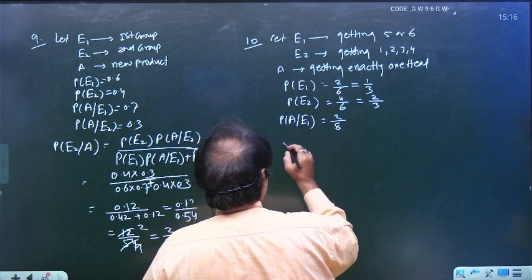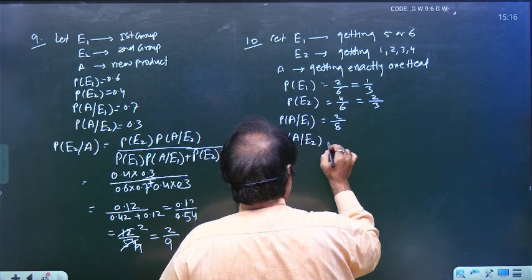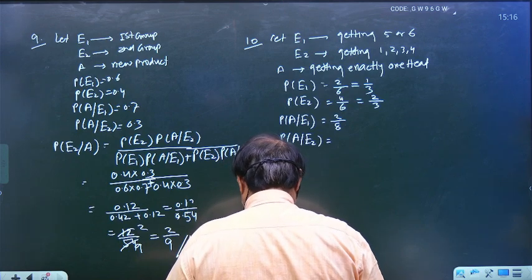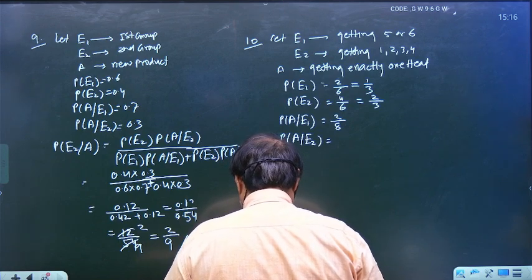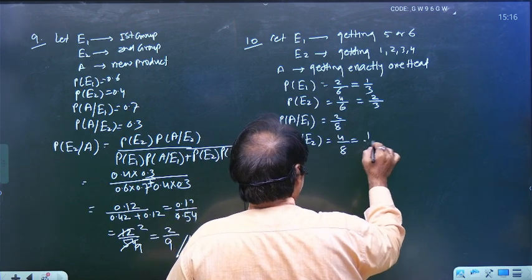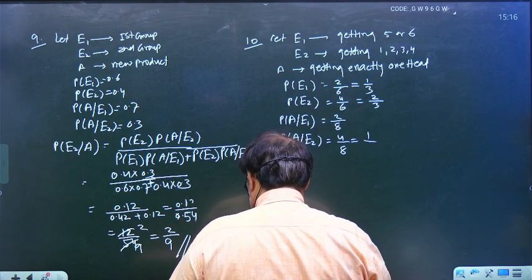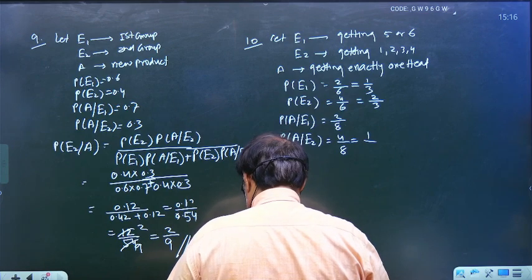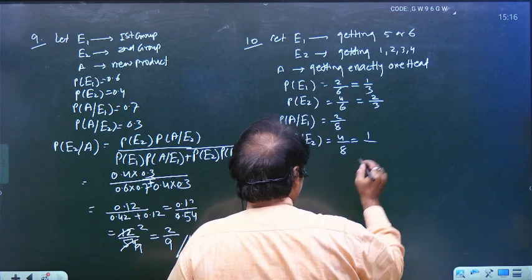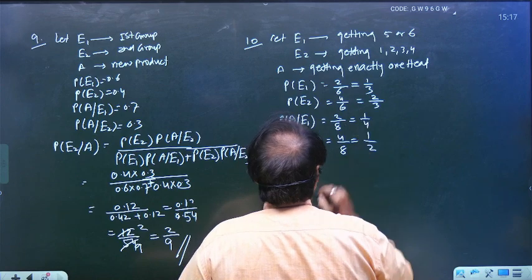So 1, 2, 3 or 4, A by E2 means that is equals to 4 by 8, that is 1 by 2.